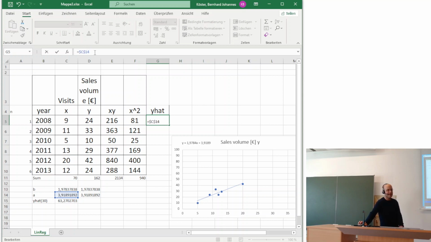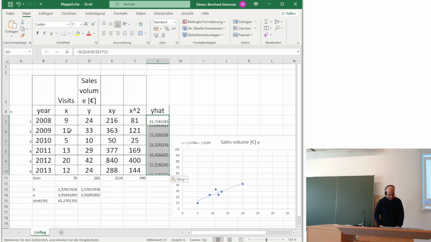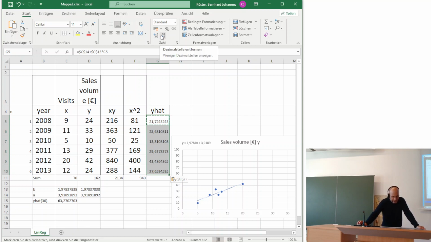This helps to be a bit faster than always clicking into the cell, clicking into the formula, and typing in, which quite often takes very much time. So this is A, so plus B, again fixing this number, times X. And these are then our numbers lying on our regression line.